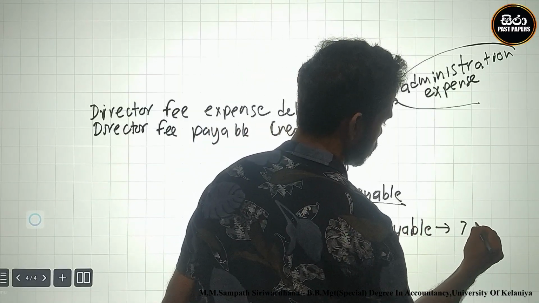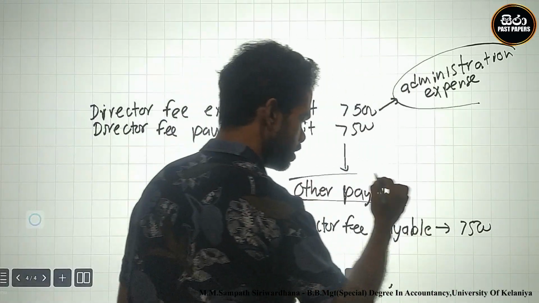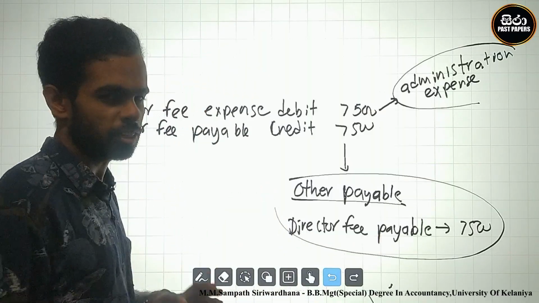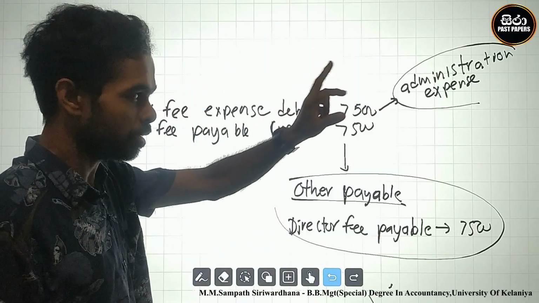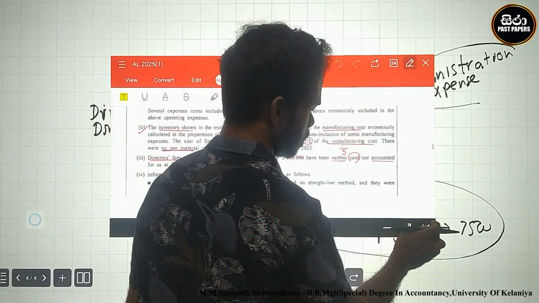What is the amount? 7,500. These are the locations of director fee payable. Therefore, we must first identify the administration expense, 7,500.